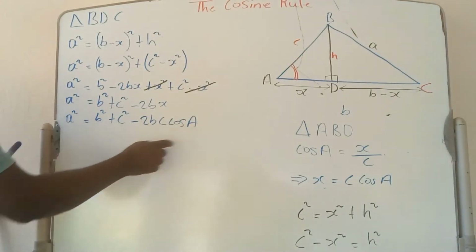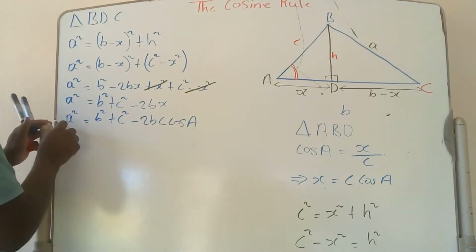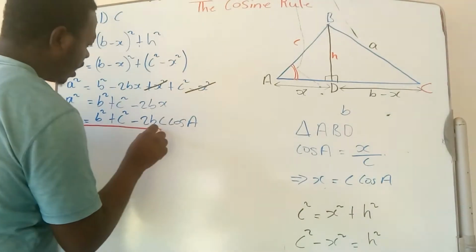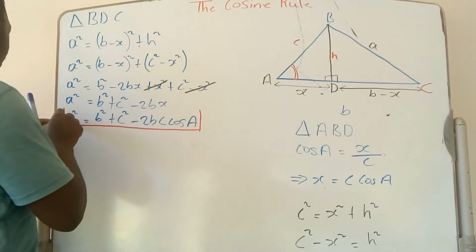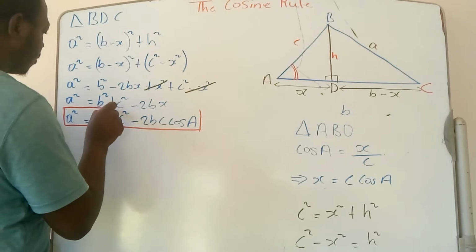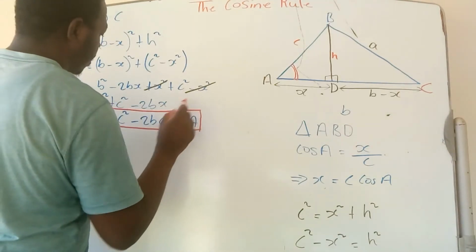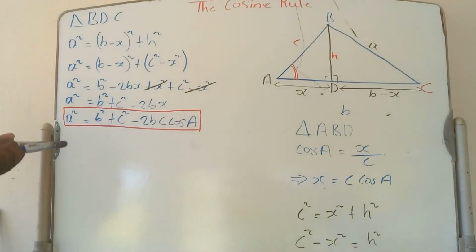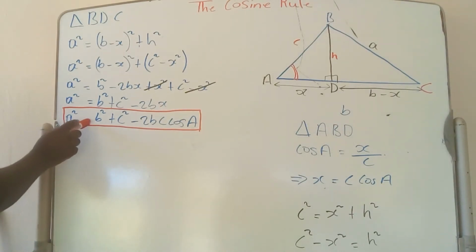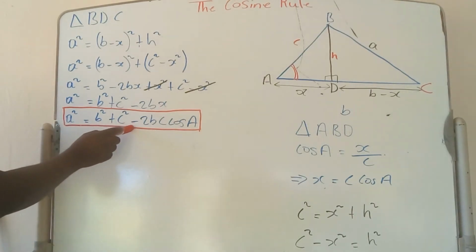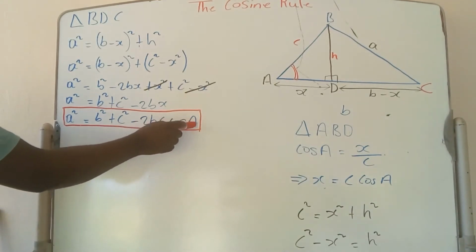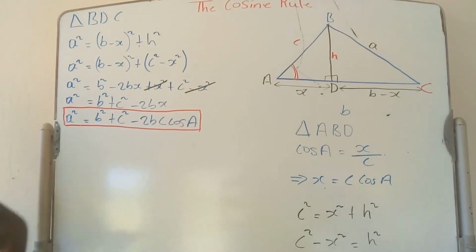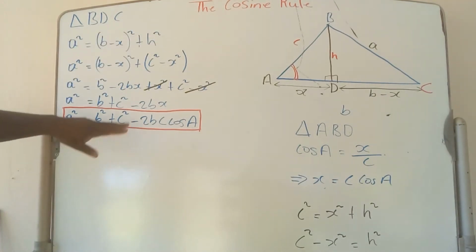What is this? This here is the cosine rule. So a squared is equal to b squared plus c squared minus 2bc cos a. That is the cosine rule. So this is one version of the cosine rule.